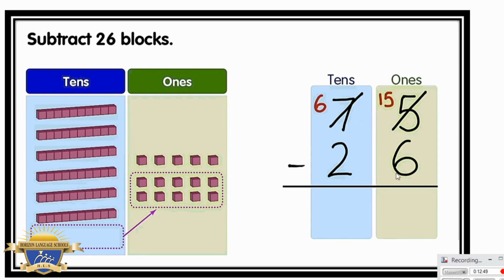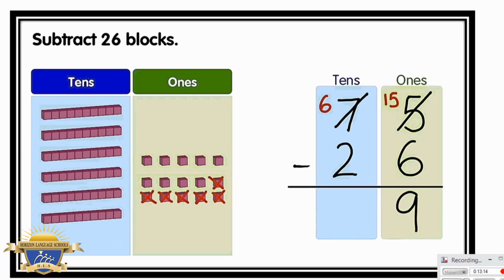Now I can subtract the 6 from 15, right? Yeah, okay. We will circle the 6 and count after 6 till we reach 15. After 6, 7, 8, 9, 10, 11, 12, 13, 14, 15. So 15 minus 6 equal?